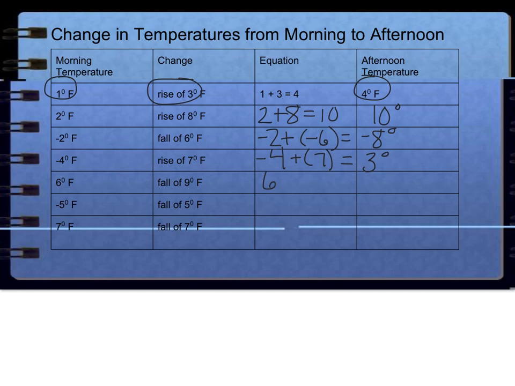If it is 6 degrees and it falls 9 degrees, it will be -3 degrees in the afternoon. If we start at -5 degrees and it falls 5 degrees, we will be at -10 degrees in the afternoon. If we start at 7 degrees and it falls 7 degrees, we will be at 0 degrees in the afternoon.